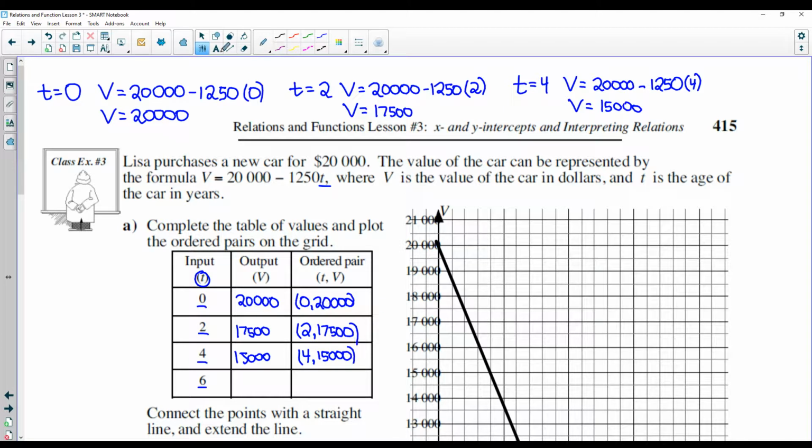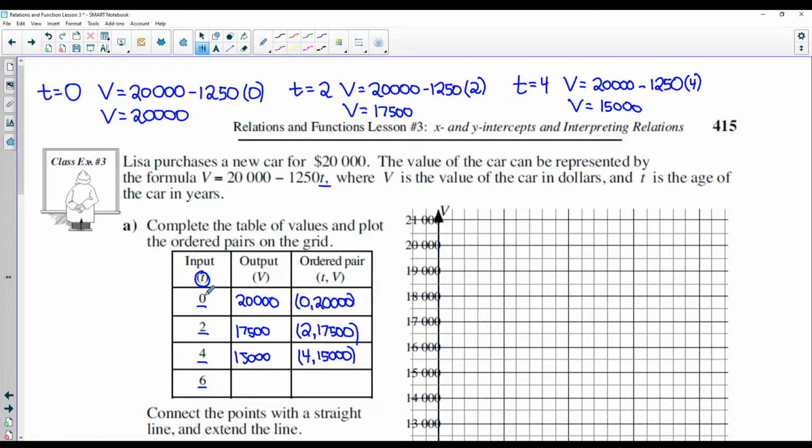What I always recommend doing is after you've identified 3 points in the table, I would then check to see if there's a pattern that you can use to figure out what the remaining points are. So I think here we actually do have a pattern we can observe.